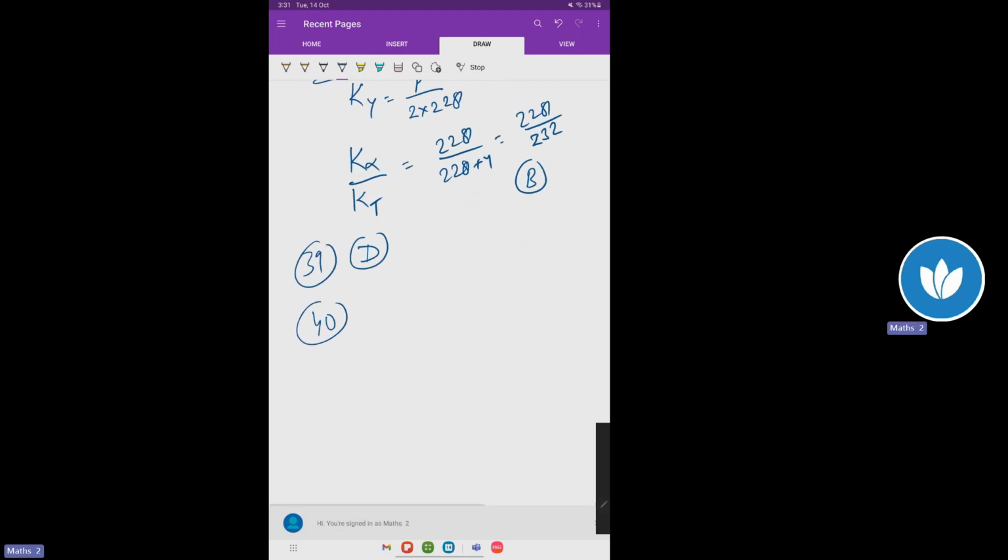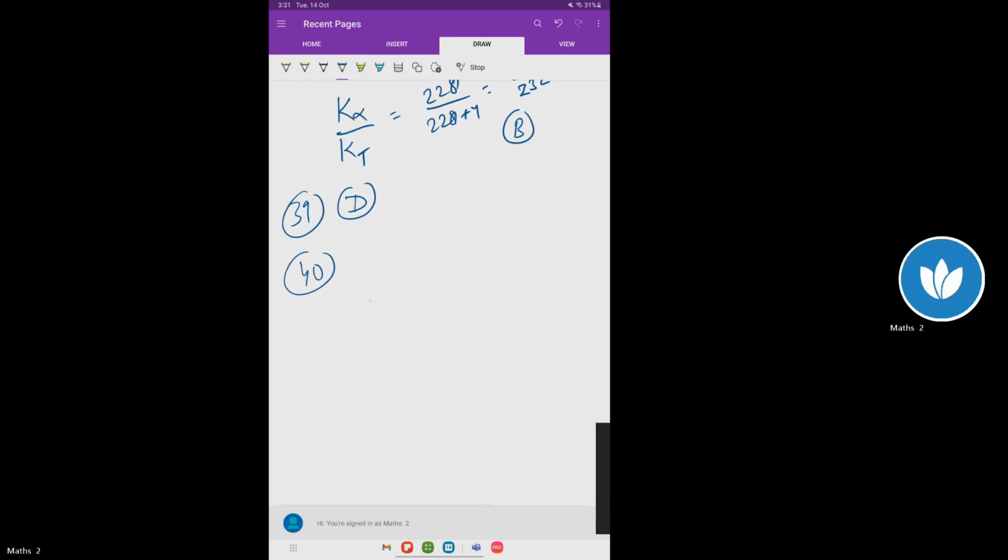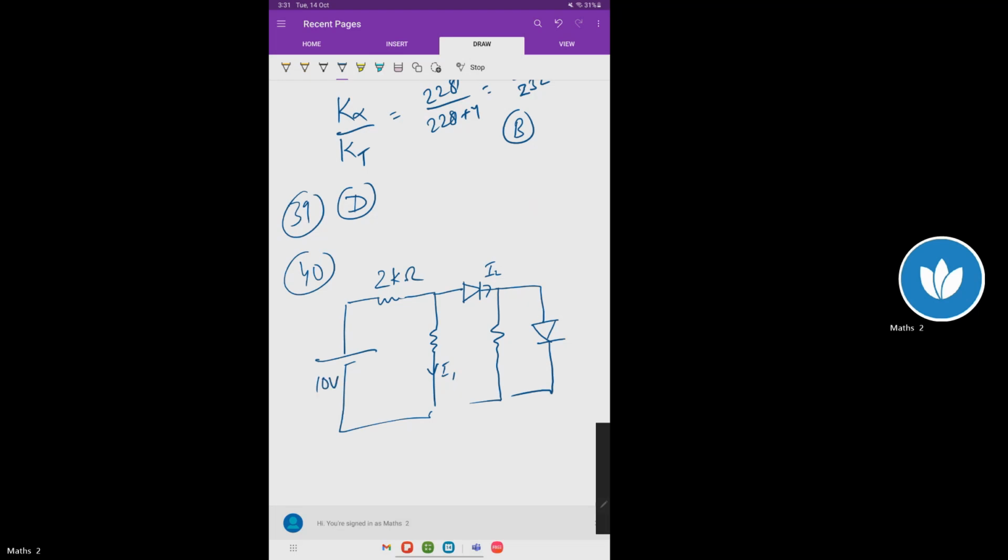In the following circuit, find I1 and I2. So in forward bias, this is short circuited.